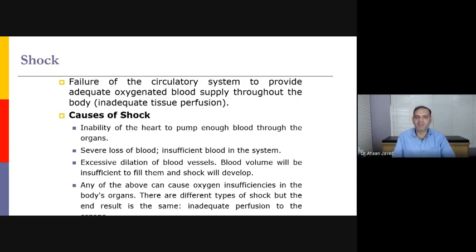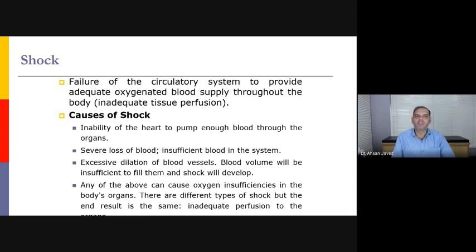So it is a cyclic mechanism. If one step is missed, there are certain compensatory mechanisms, but if these also fail, it will lead to the development of shock. Another cause is severe loss of blood, insufficient blood in the system.